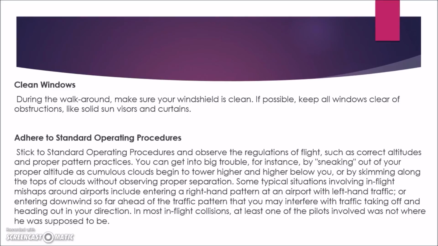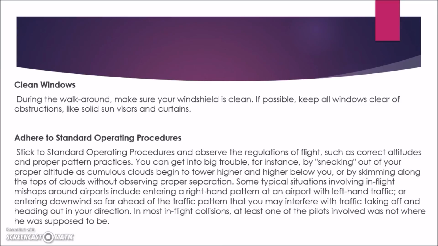Stick to standard operating procedure and observe the regulations of flight, such as correct altitude and proper pattern practice. You can get into big trouble, for instance, by sneaking out of your proper altitude as cumulus clouds begin to tower higher and higher below you, or by skimming along the tops of clouds without observing proper separation.